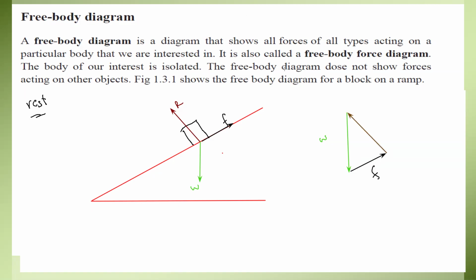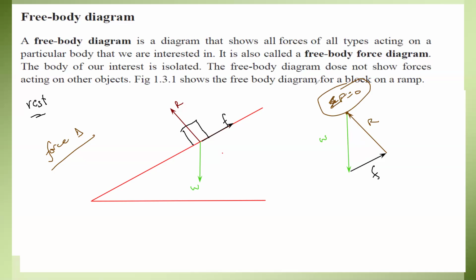So if we reach our starting point again in a force triangle, this is also called a force triangle. In a force triangle, if our starting position and the final position are the same, what is the resultant force on the object? It means the resultant force on the object is 0.